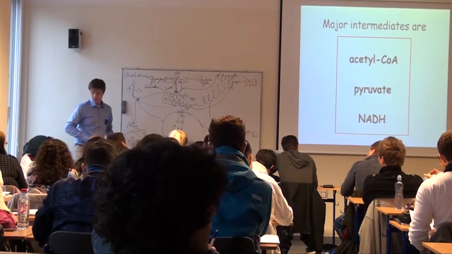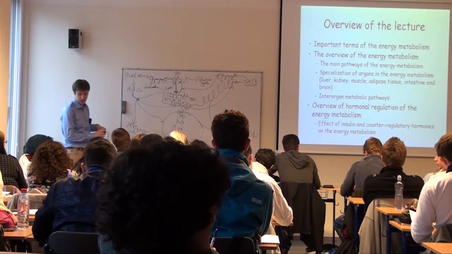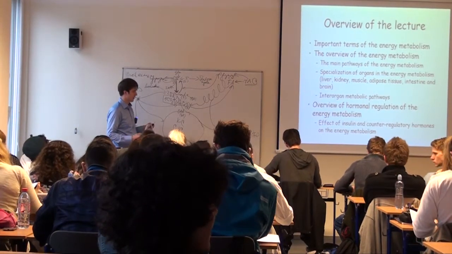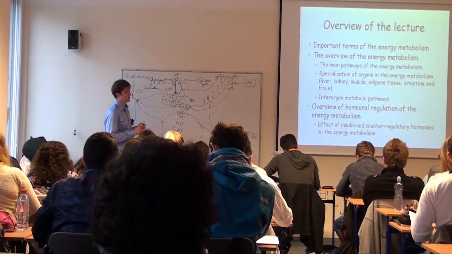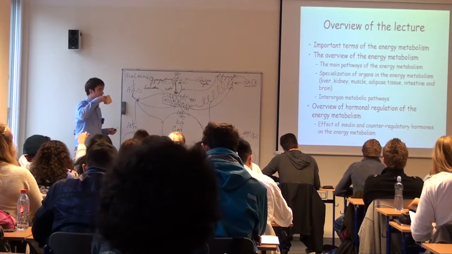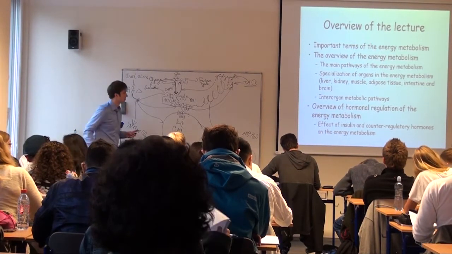So, we have 6 organs: liver, kidney, muscle, adipose tissue, intestine, and brain. And before the break, I will do only liver. Then we take a break. So, liver.